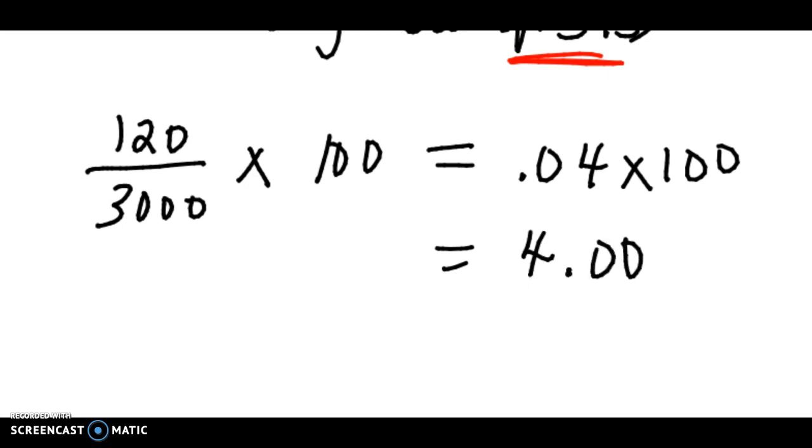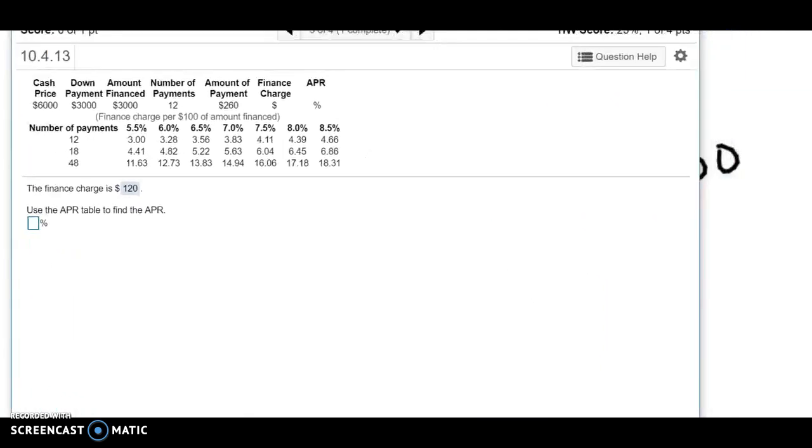Now what we have to do is use the APR table that's on page 593 in your text, or it's included in the problem, and we are going to have to identify the number of payments. So the number of payments is 12, which means we are only interested in the information in the row that represents 12 payments.